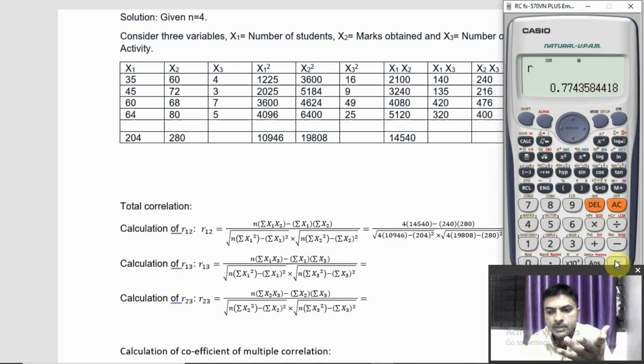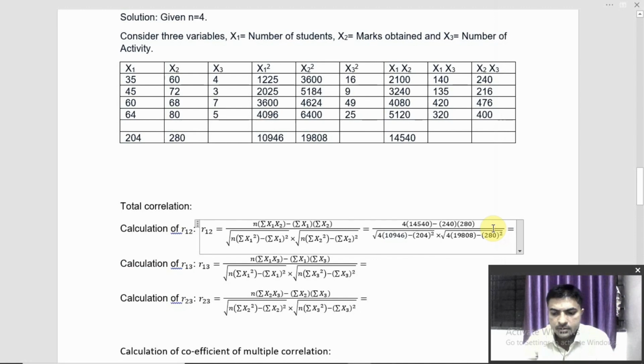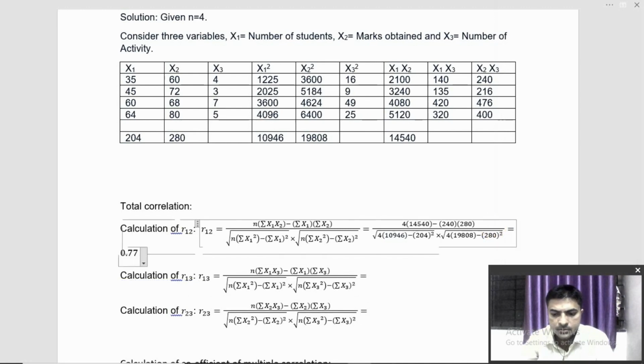0.77435, within no minute, in a very short time we got the answer. So we'll take 0.7743. Like this we calculate our value.